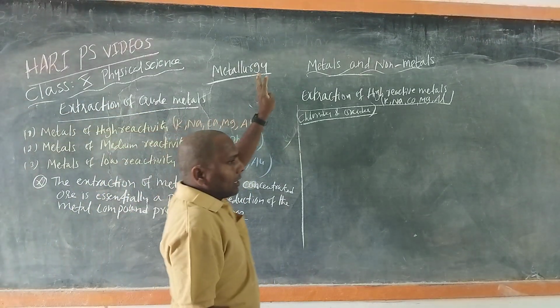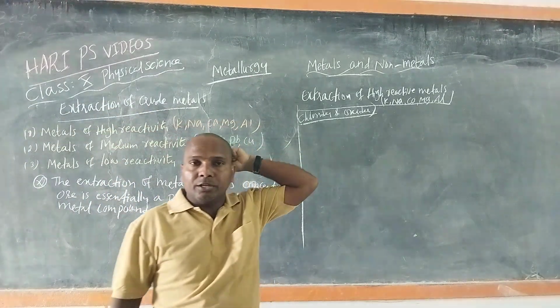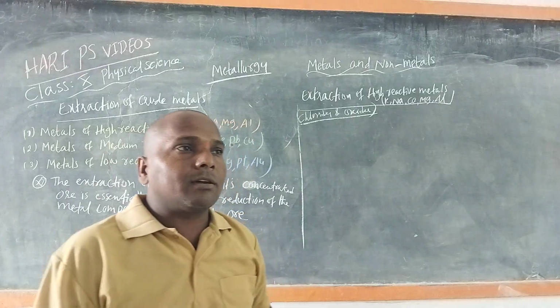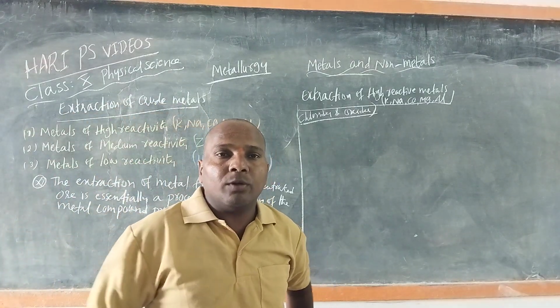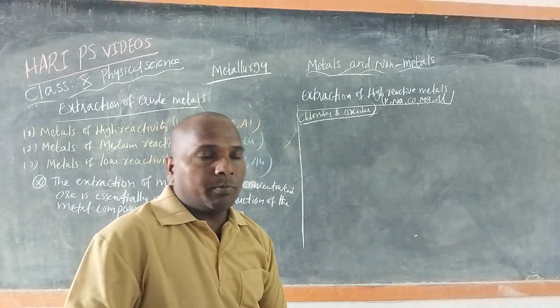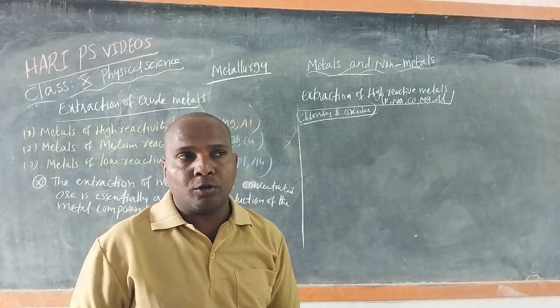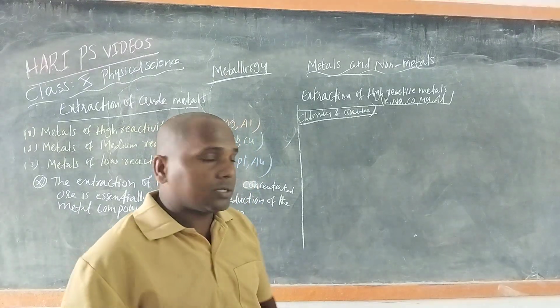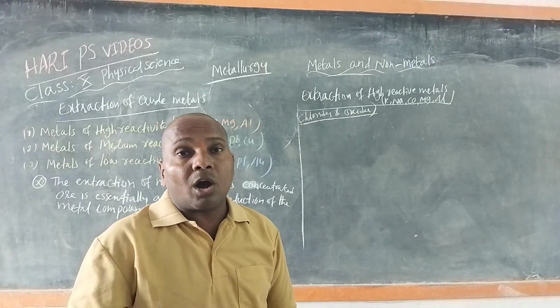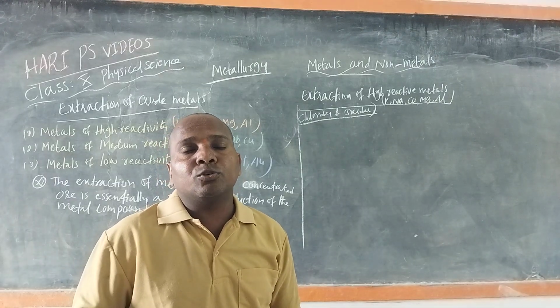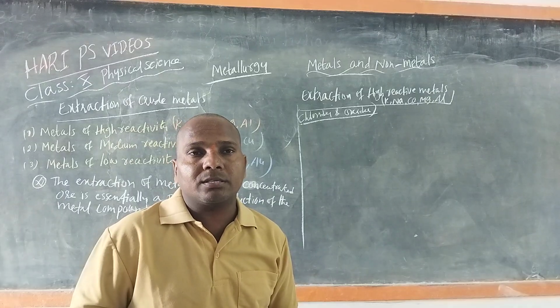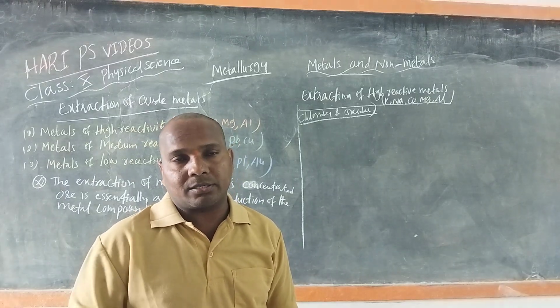So, even though carbon is an excellent reducing agent, in the case of highly reactive metals like potassium, sodium, aluminum, magnesium, these are available in the combined state as chlorides and oxides.